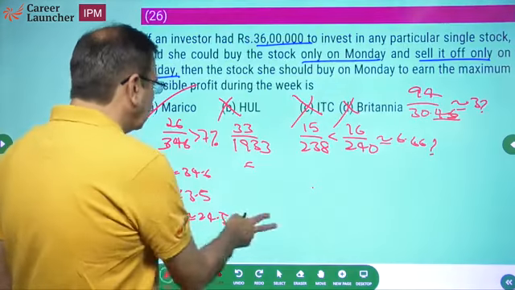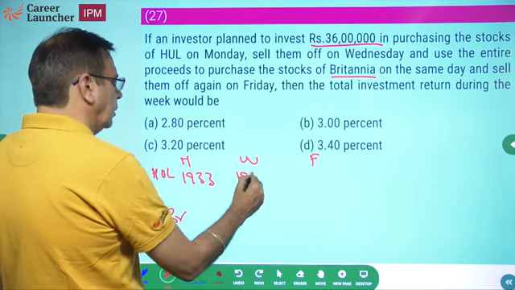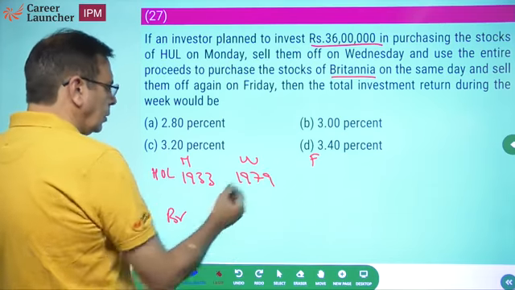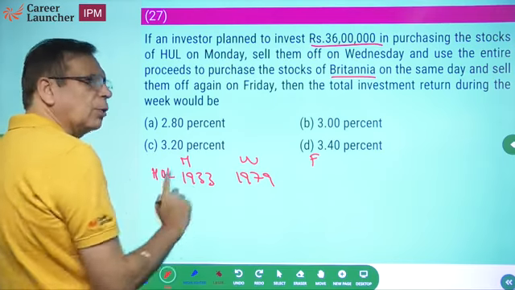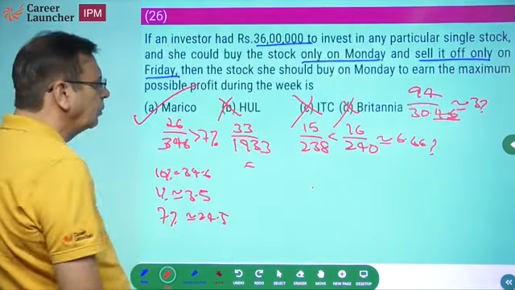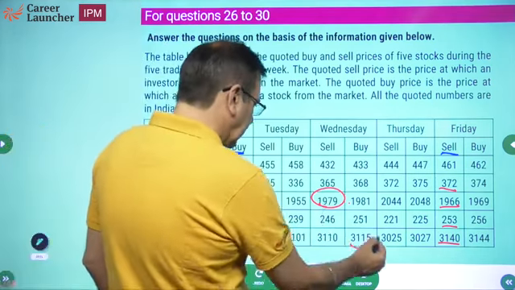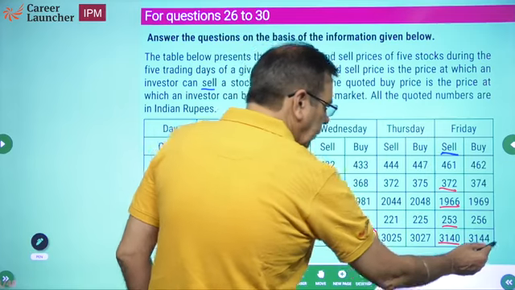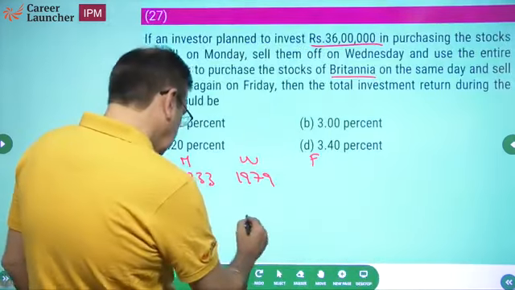So 1933 to 1979. Now, let me assume he had only 1933 rupees. He bought one share here, he made some profit here. Now, on Wednesday, he purchased Britannia at 3115 and sold it on Friday at 3144. So 3115 to 3144.